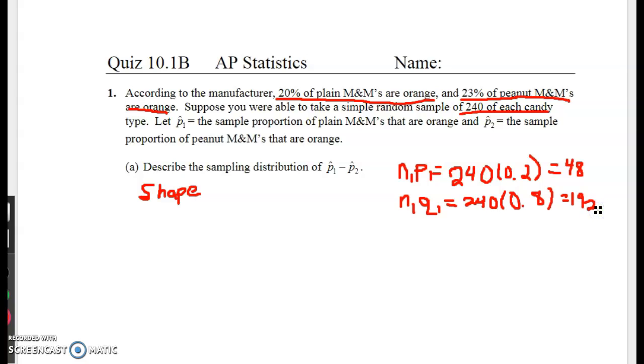I have to check them for the second sample too, so N2P2. This is peanut M&Ms. The samples were the same size, so it's still 240 times 0.23. That gives us 55.2.